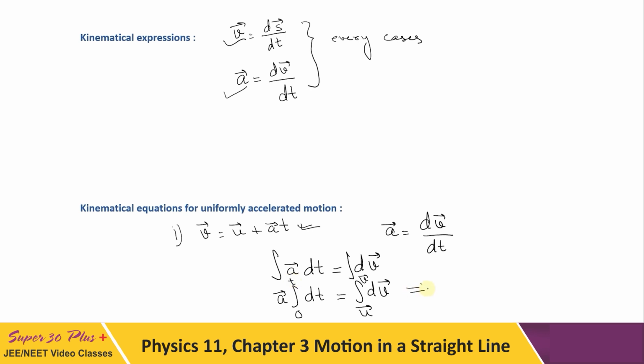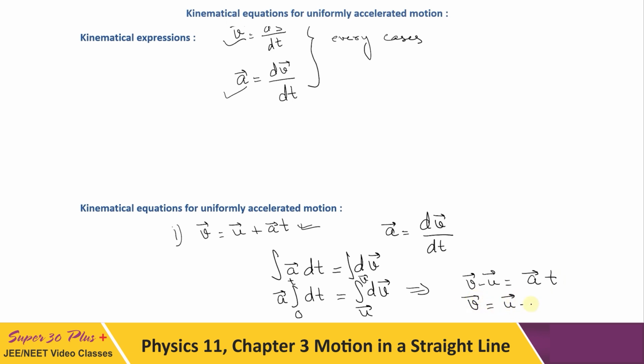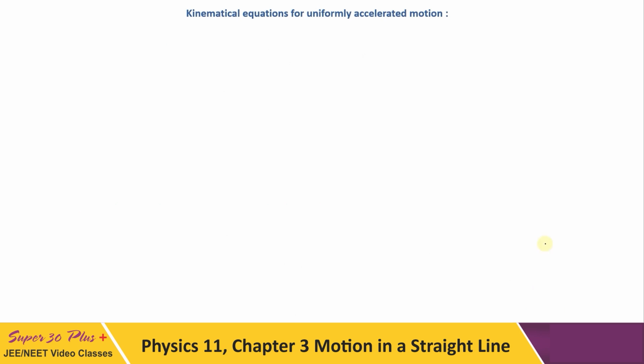If you integrate this, you will get v minus u is equal to a, acceleration being constant can be taken outside, and then t. So now you got your relation v is equal to u plus at. Now let us move to the second equation.